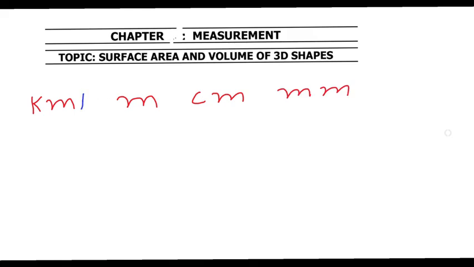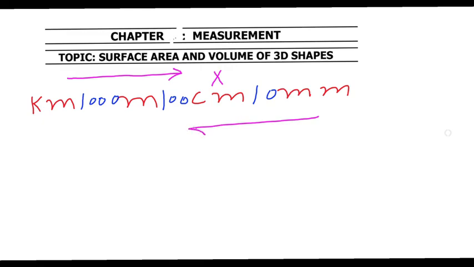Kilometer to meter is 1000, meter to centimeter is 100, centimeter to millimeter is 10. If you want to go from left to right, then you multiply, and from right to left, you divide. So this is conversion for length.